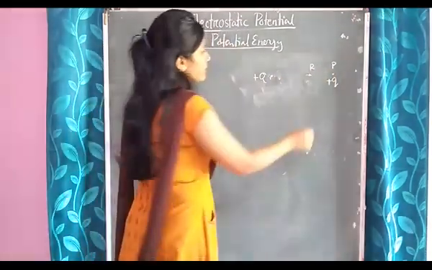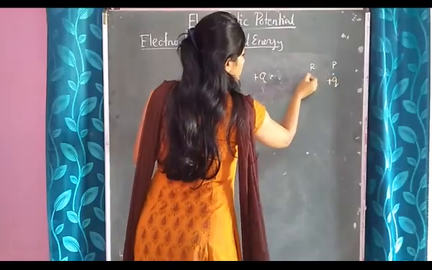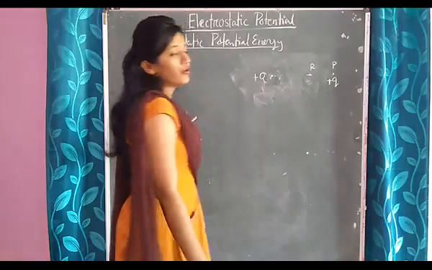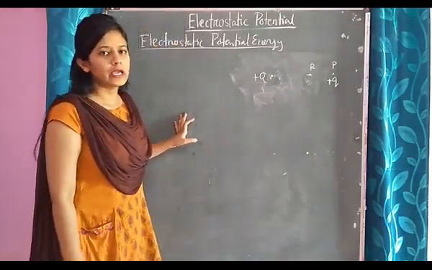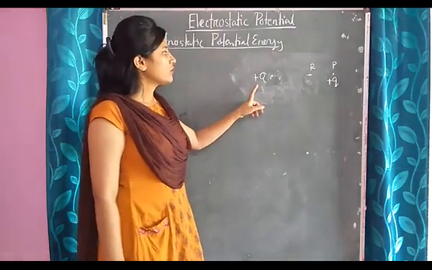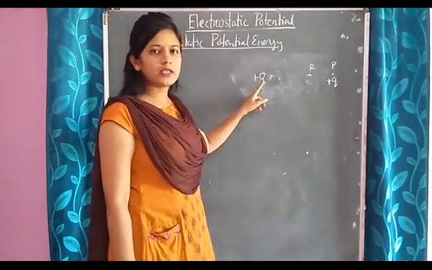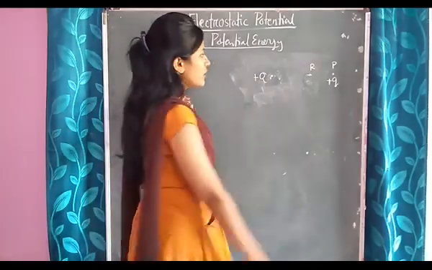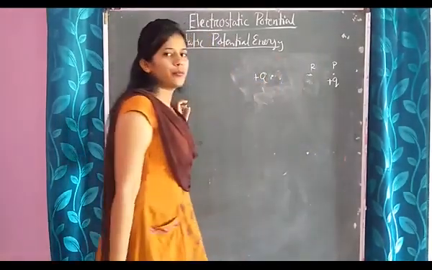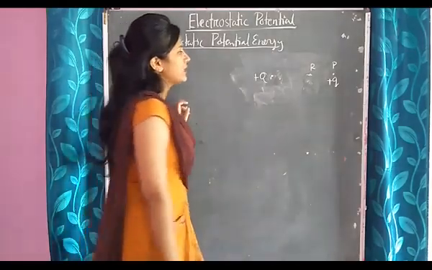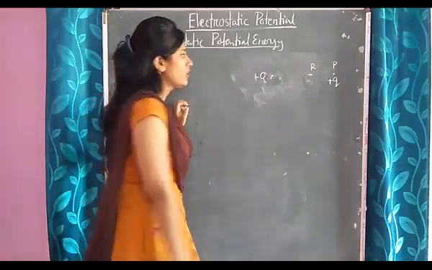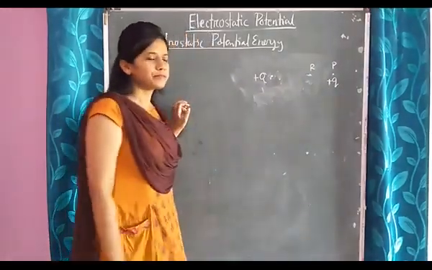Since we are bringing this from here to here and the force is repulsive, we have to do some work against this repulsive force, and the work done against this repulsive force will be stored as energy at this point, and that will be our electrostatic potential energy for this point.